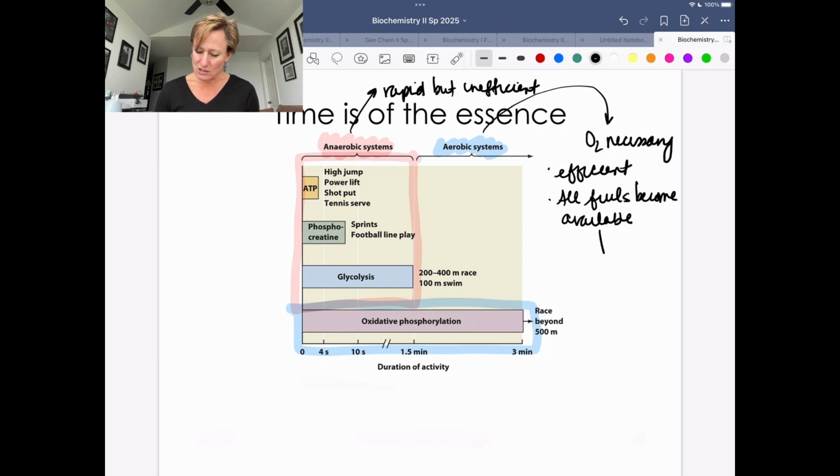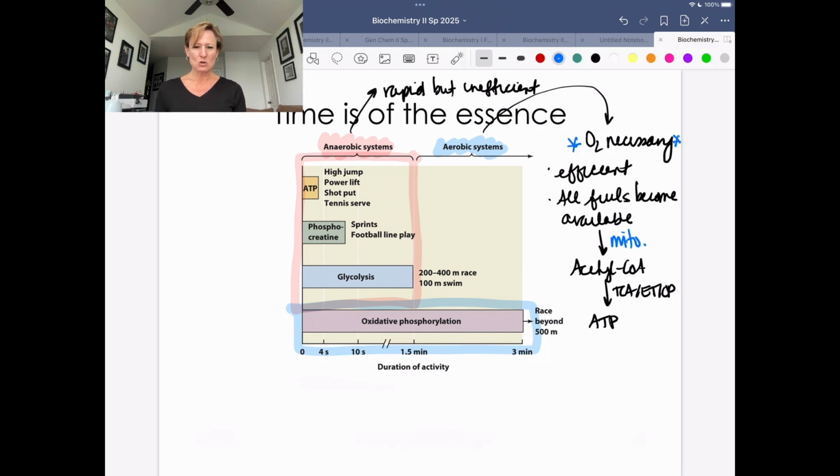Because ultimately, we are going to need to take any fuel and make it into acetyl-CoA, and then acetyl-CoA will be able to go through the citric acid cycle, electron transport, and oxidative phosphorylation to ultimately make ATP. But that's going to require us to dip into the mitochondria, and we know that we do not dip into the mitochondria unless we are in an aerobic environment. So that ties those pieces together.